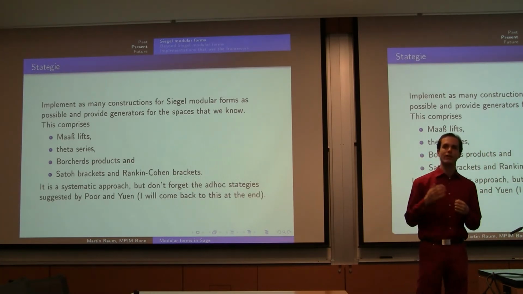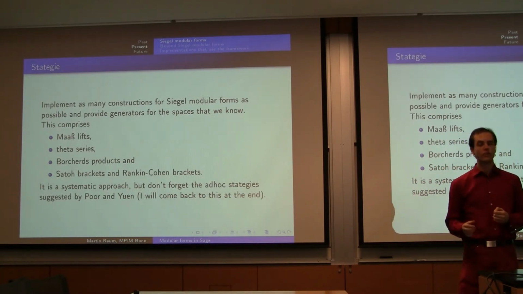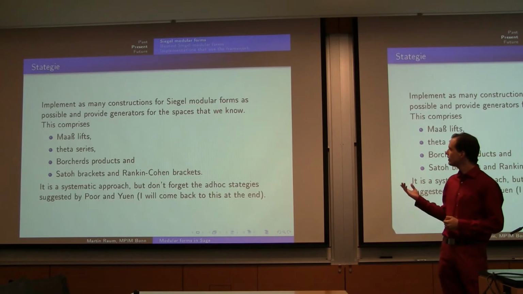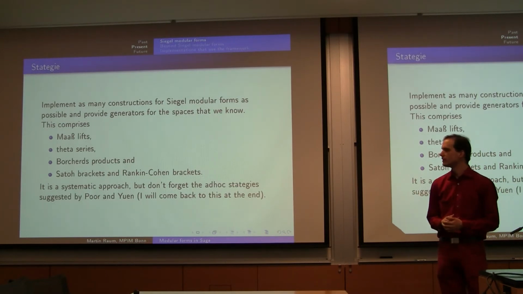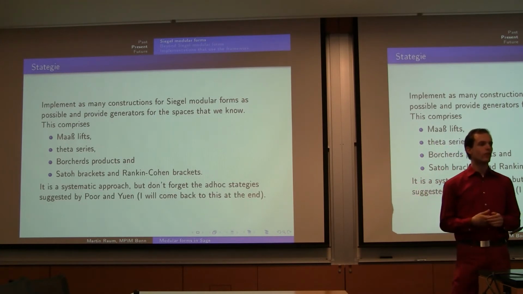What we can say about this approach is that it's systematic, in the sense that we know we will get every Siegel modular form of a certain group. This is in contrast to what mainly Poor and Yuen did when computing spaces for degree 4 forms, which is really amazing work.